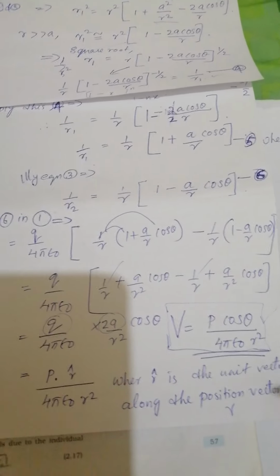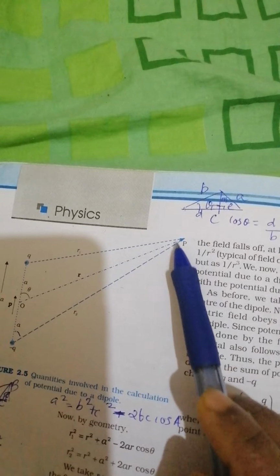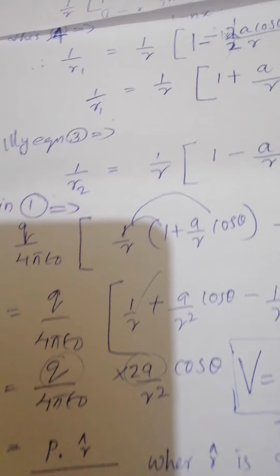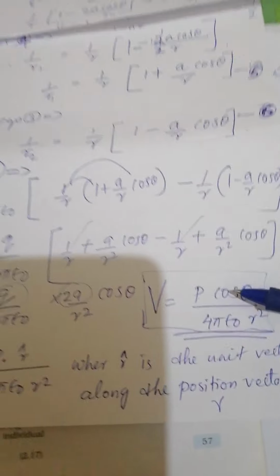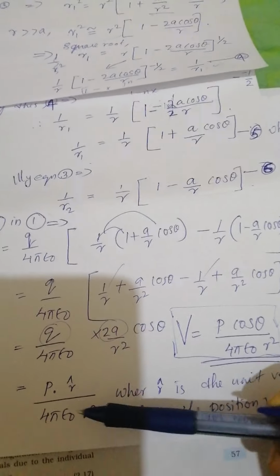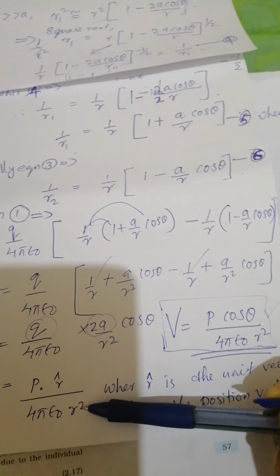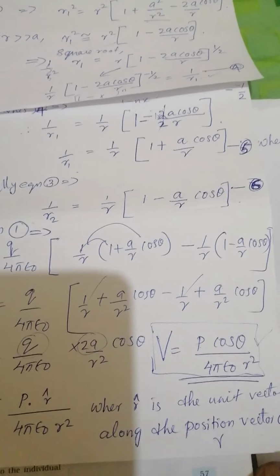So p cos theta divided by 4 pi epsilon 0 r square will change to p dot unit vector r divided by 4 pi epsilon 0 r square if we consider the direction also.